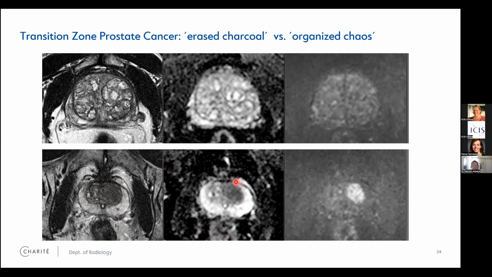On the ADC map, you see correspondingly an area of low ADC, and on the high B value image on the far right again, you see an area of marked diffusion restriction. So this is the typical appearance of prostate cancer in the transition zone. This organized chaos that we have in the typical BPH is actually replaced by these homogeneous low T2 signal intensity changes, which is also referred to as the erased charcoal sign.